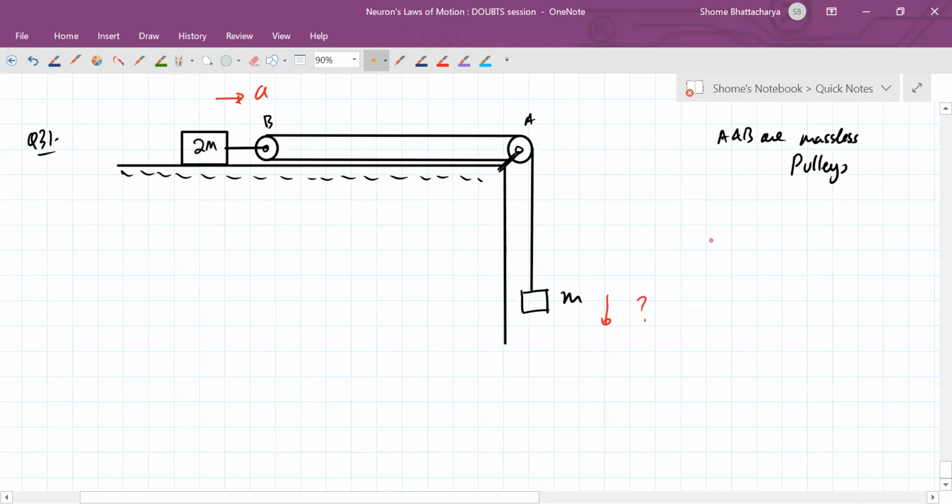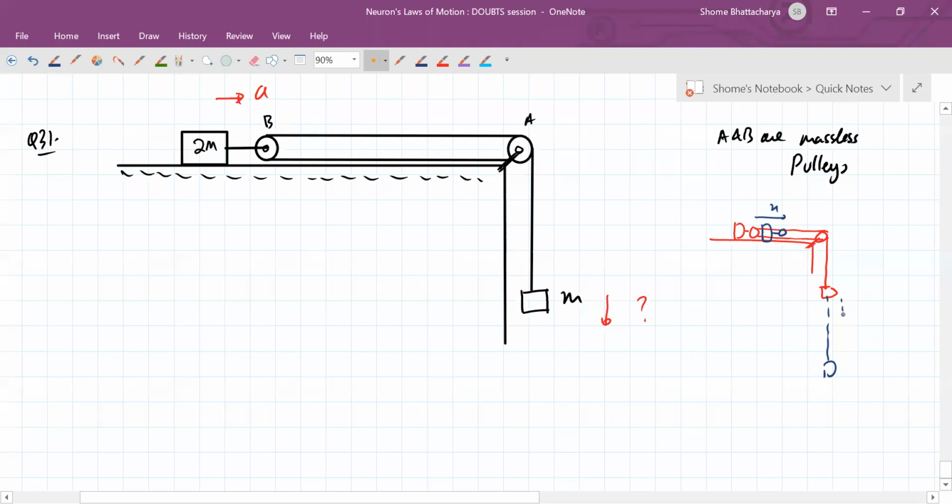So for that you will have to understand that no, it will be 2a, beta. Okay, let me explain why. See, if this pulley plus this block moves by x, so how much thread length is it releasing? It's releasing 2x now.